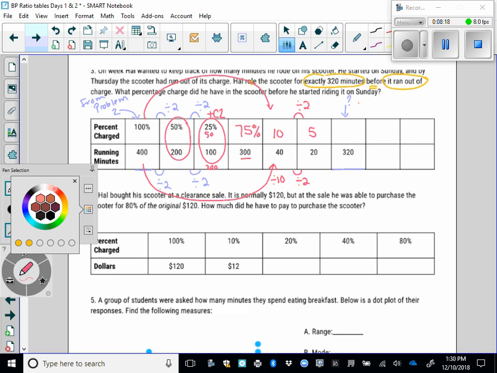I'm going to add the 20 to the 300. So this is column 1, 2, 3, 4. I'm going to add column 4, which says 80%. So go back to that question: what percentage charge did he have in the scooter before he started riding it on Sunday? 80%, because he lasted for 320 minutes.